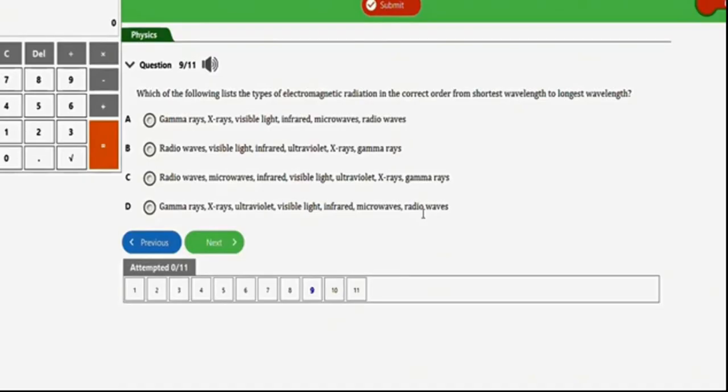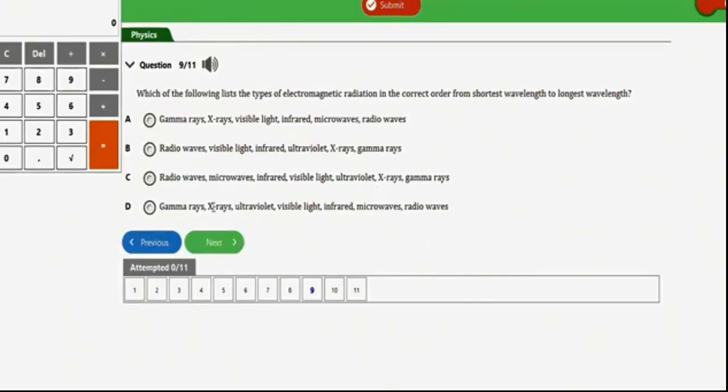Now if the question is asking which one has the highest frequency, instead of going from left to right, you go from right to left. So the gamma rays here will have the highest frequency, after that the X-ray in that order. But in terms of wavelength, the radio wave will have the highest wavelength, followed by microwave, infrared, visible light, ultraviolet, and in that order.